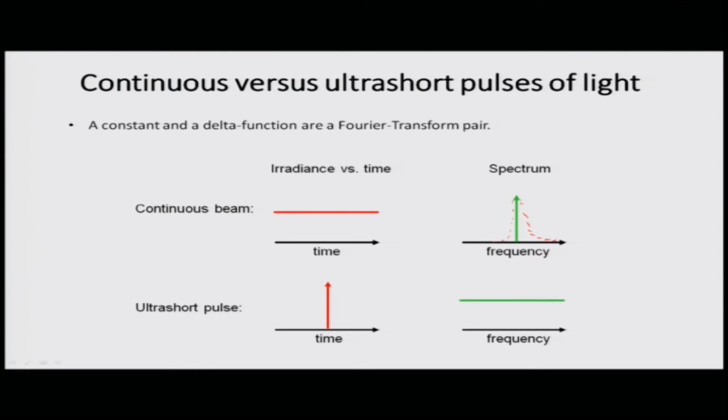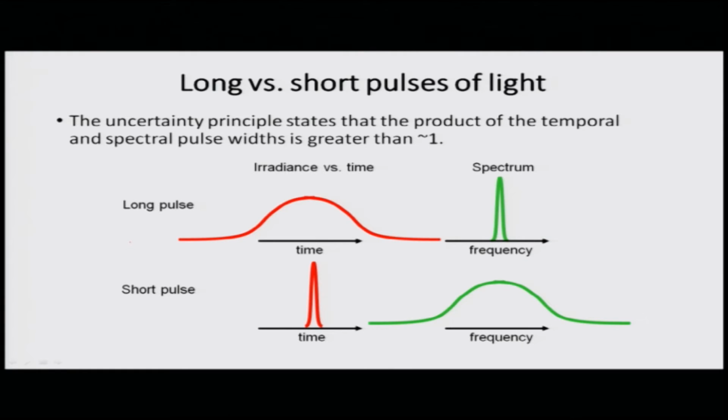On the other hand, an ultra short pulse, again with a very short time window, has say constant frequency in the ideal case. A constant and a delta function, which are basically Fourier transform pairs, is what we have in the ideal scenario. But in reality, this is what we have.